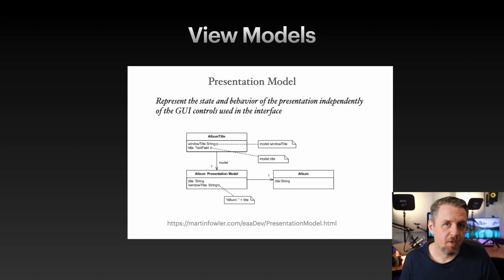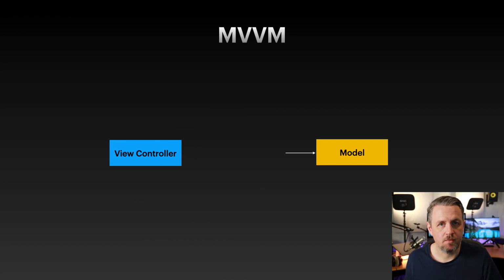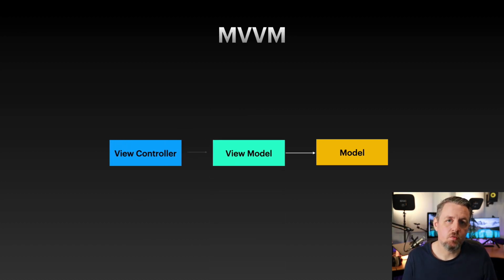One application of this pattern is MVVM. So in iOS terms, we often have view controllers here that talk to models. MVVM proposes to insert the view model in between the view controller and the model. So the view controller talks to the view model, which talks to the model.